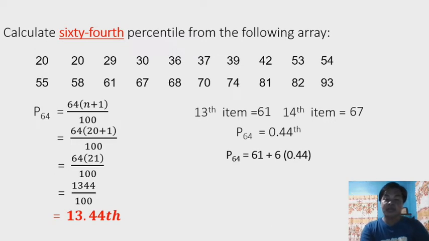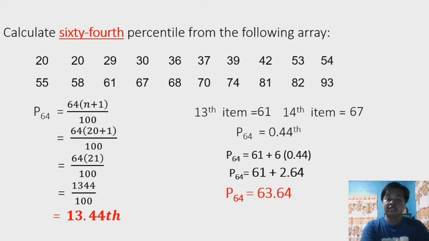So, i-multiply natin ang 6 sa 0.44. The product is 2.64. So, 61 plus 2.64 is 63.64. So the 64th percentile from this data is 63.64.